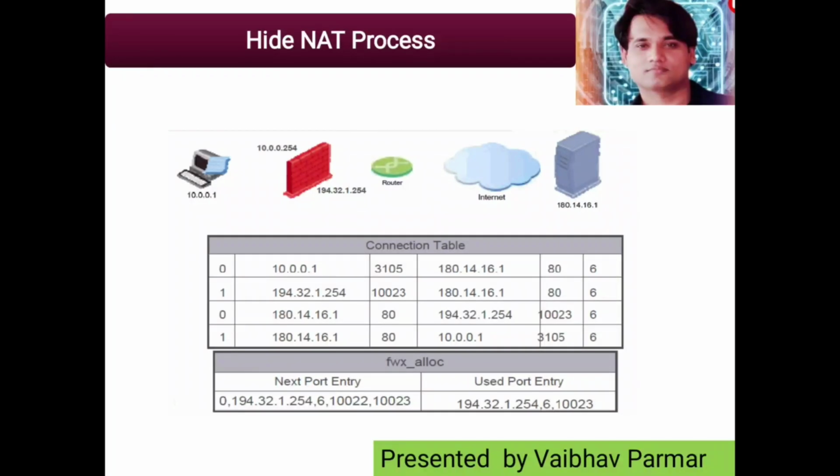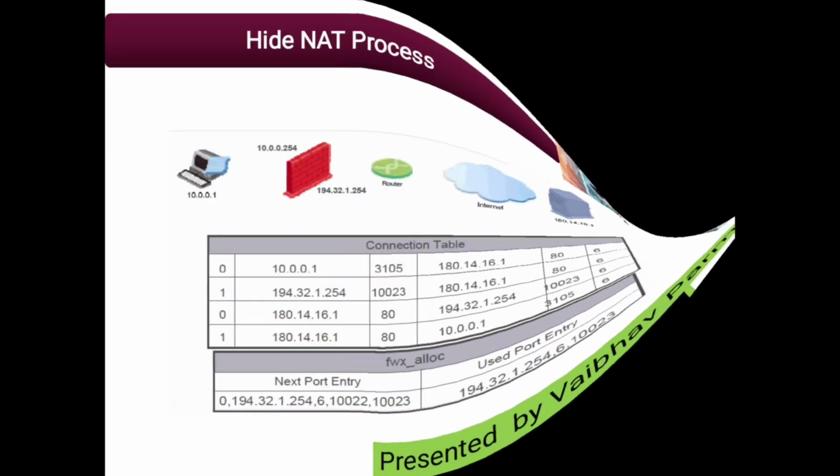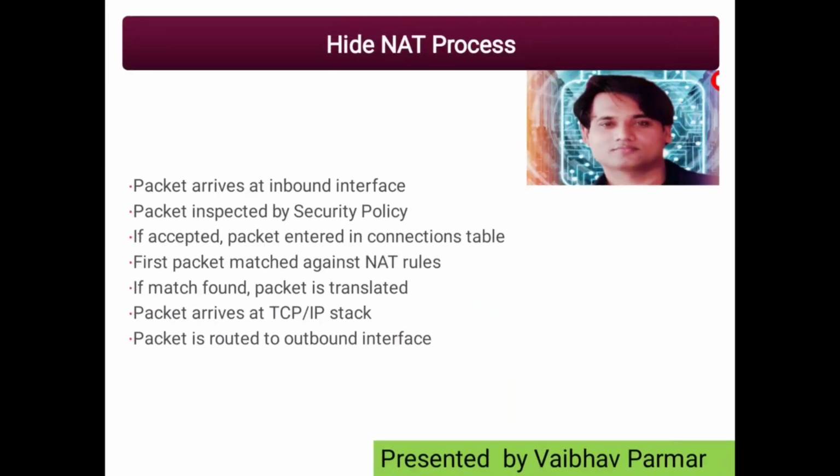The first packet of the connection is matched against the NAT rule. The first packet is translated if a match is found. Then the packet arrives at the TCP/IP stack of the firewall or Checkpoint module machine and is routed to the outbound interface.